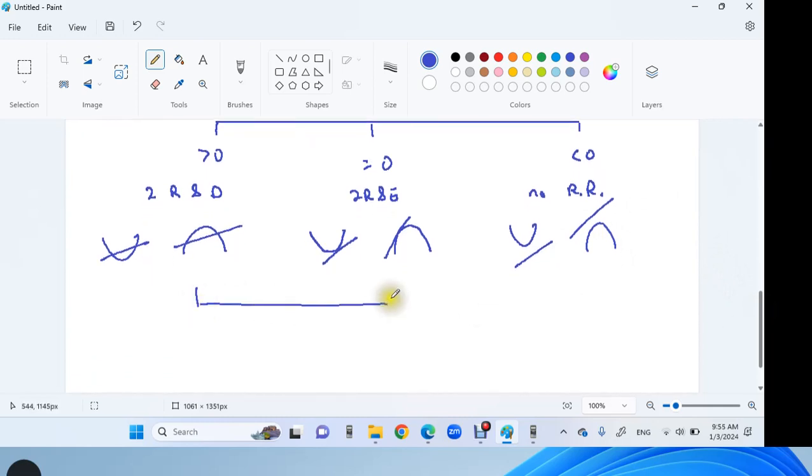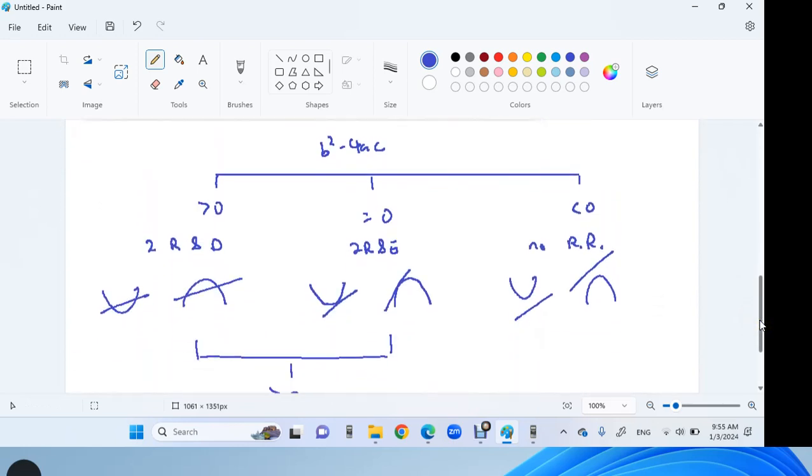For these two we combine: greater than or equal to 0 means it has real roots. So you must remember. The equal to 0 case we also call tangent.